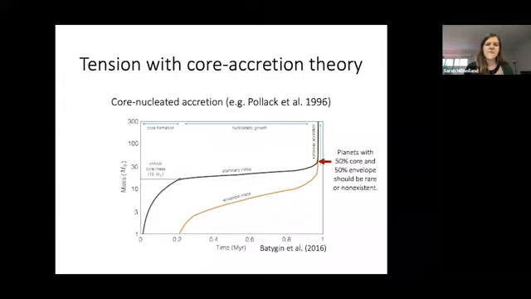So this theory predicts that we shouldn't see many planets with this kind of 50% core and 50% envelope, because those planets should have undergone runaway accretion pretty rapidly. So the fact that we seem to have found planets right at this threshold of runaway has been a bit problematic.